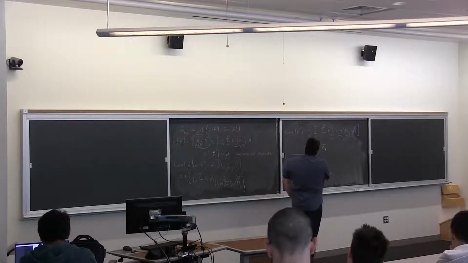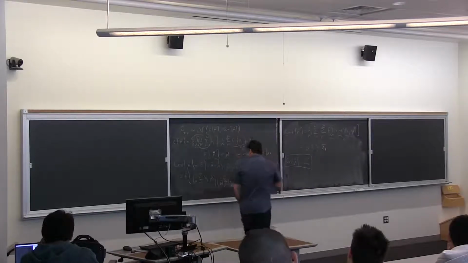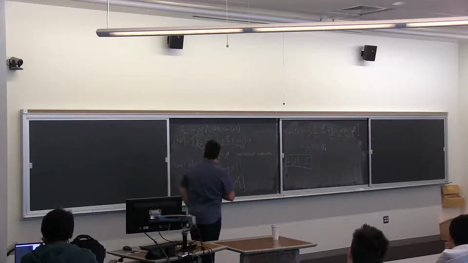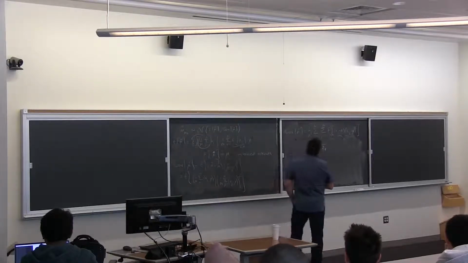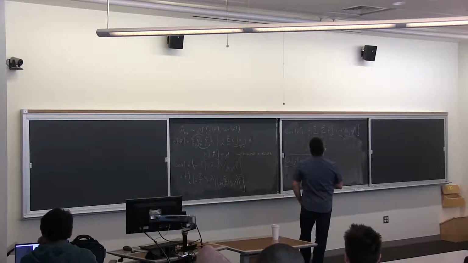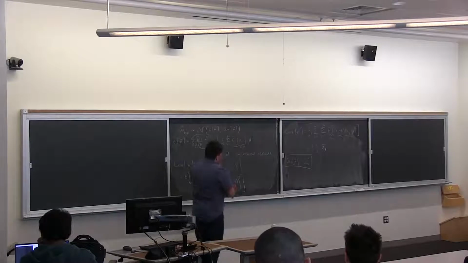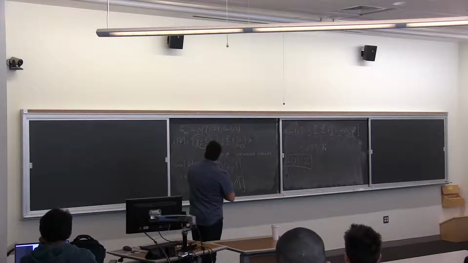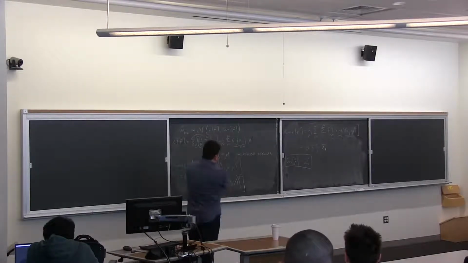Actually, I think we're missing an n. I think this should be 1 over n. So where's the mistake? There must be a mistake somewhere. I'm missing a squared. It might be introduced here, because from here to there it's just shuffling things, right?